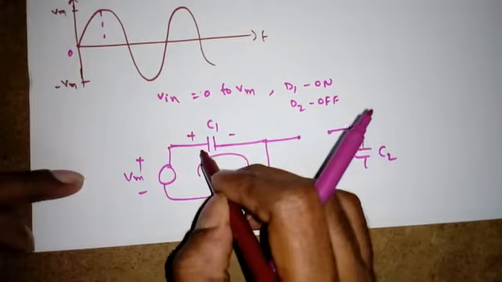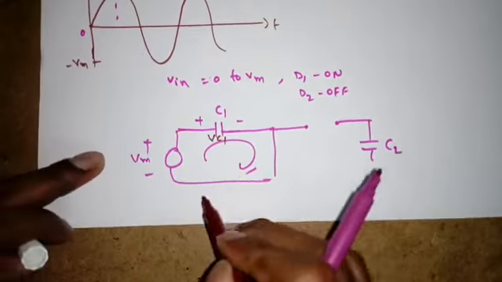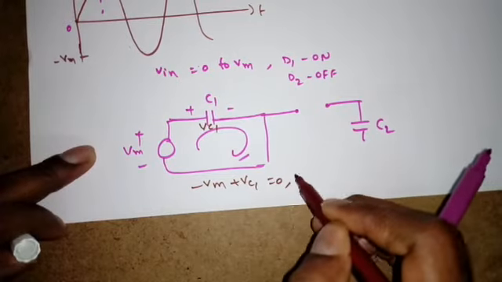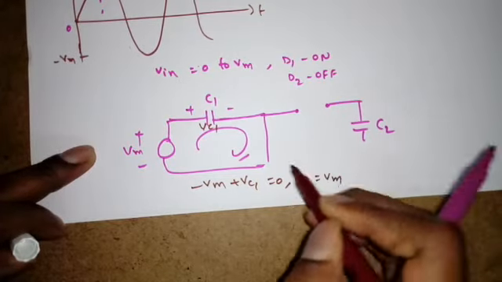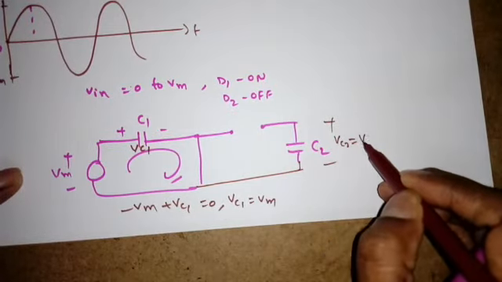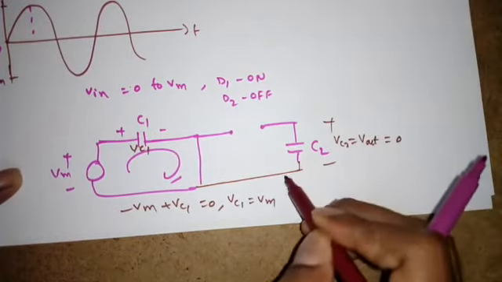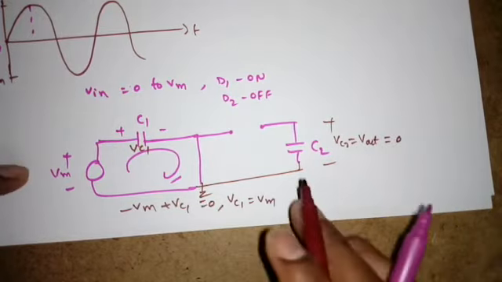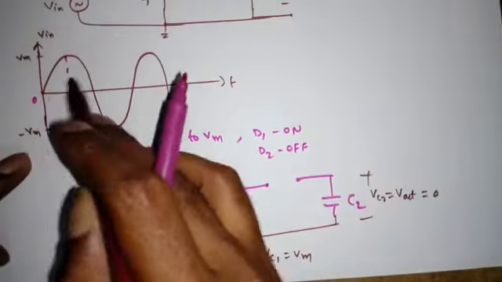Apply KVL, we get minus Vm plus Vc1 equal to 0. So what is Vc1? Again Vm only. Now tell me what is Vc2, which is also equal to Vout? 0, because it is not charged, ground over, right? So this is from 0 to Vm.